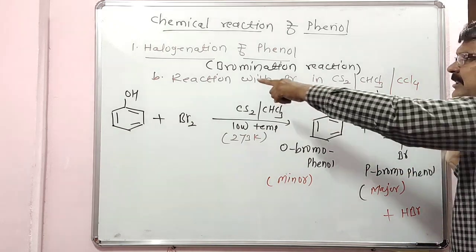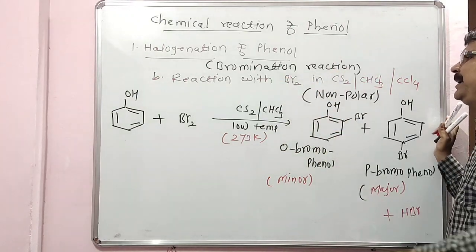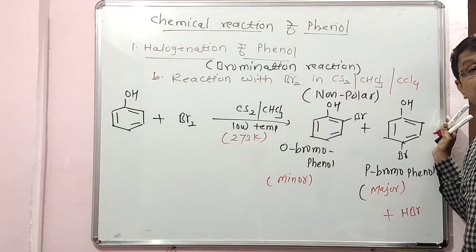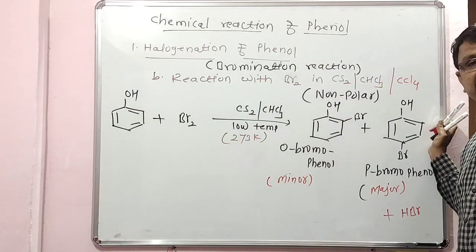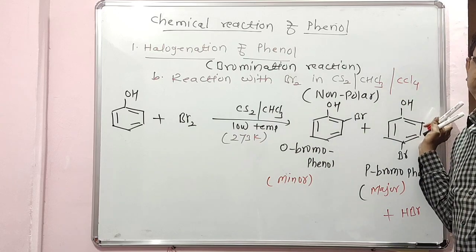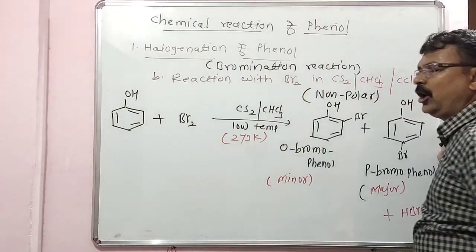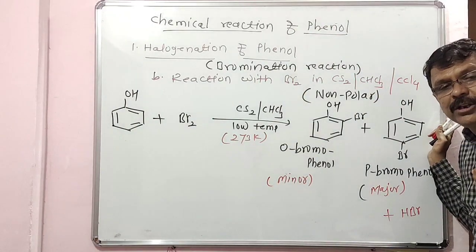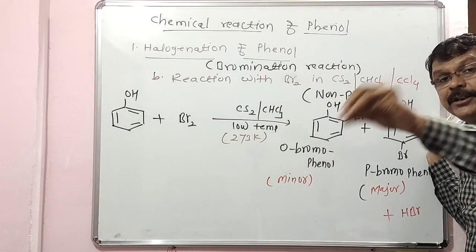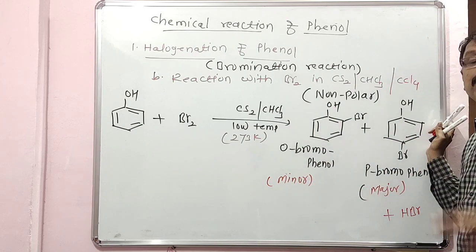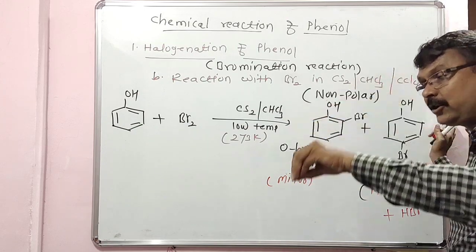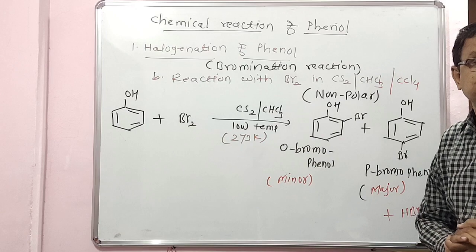Second type: reaction with Br2 in CS2, a non-polar or less polar solvent. In this halogenation of phenol, the bromine atom is introduced into the phenol.